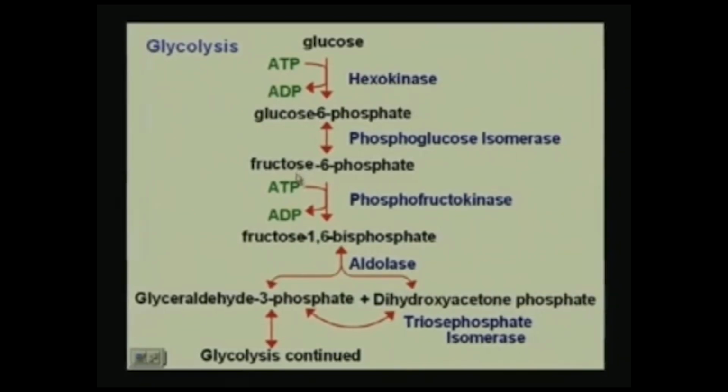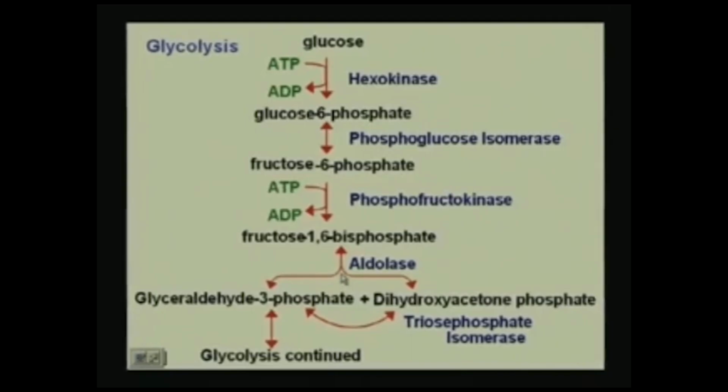The fructose 6-phosphate then went on to form fructose 1,6-bisphosphate, where we required another ATP to be broken down, and the enzyme used there was another kinase, but this time it was phosphofructokinase. After this particular step we have aldolase come into the picture.